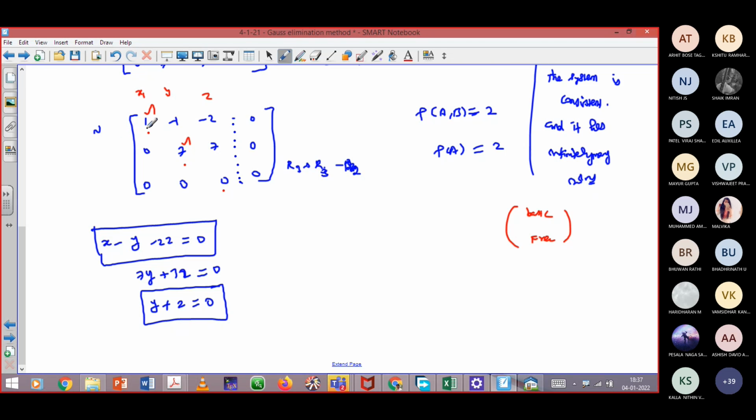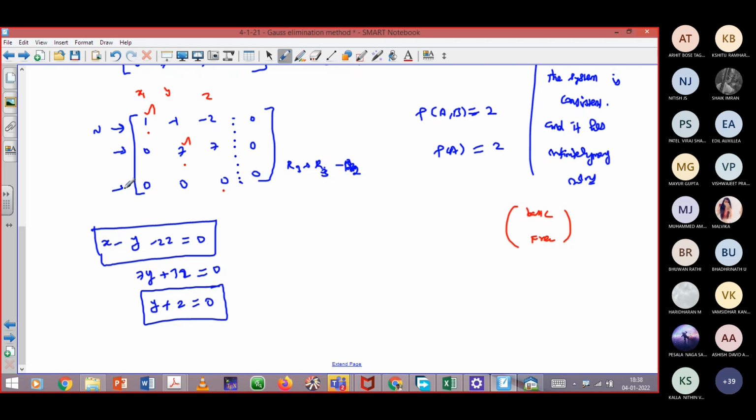This x has come first, so you should not use it as the dummy variable in this row. Next, in the second row, this is 0. 0 is invalid, just leave that. The variable next to the 0 also should not be used as the free variable.